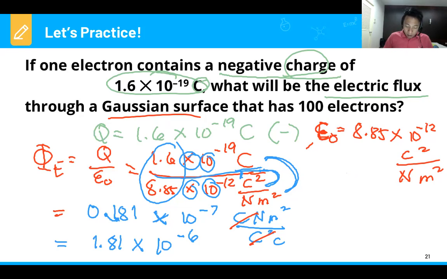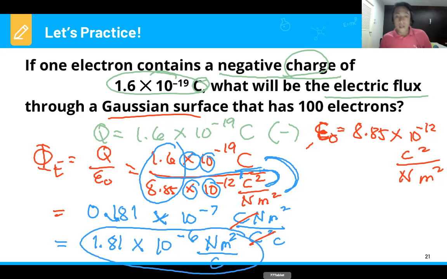The final unit will be N m squared over C, and this will be the final answer: 1.81 multiplied by 10 raised to negative 6 newton square meter over coulombs. That is the electric flux na hinahanap natin.